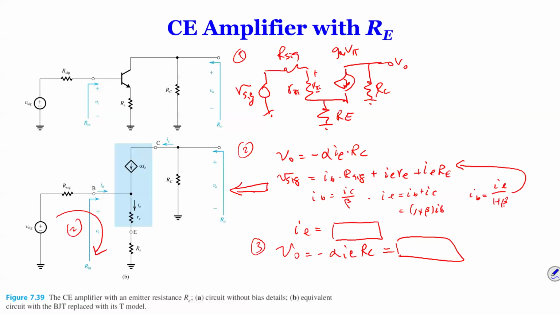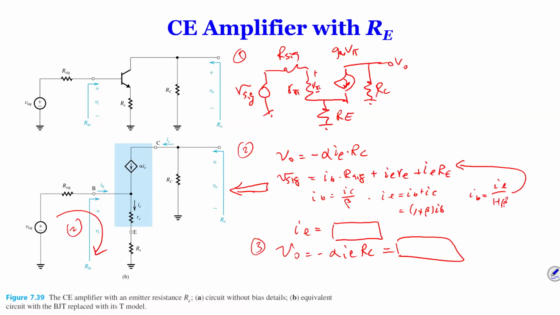But you cannot open the control source unless it's 0, so we will leave it there. So how do you find this? You use VI, and then you divide by this current, and you will find the input resistance.